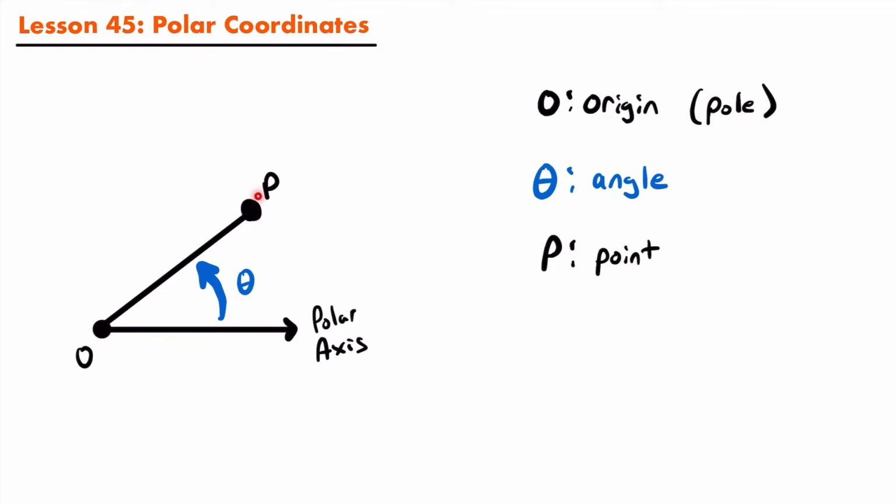And notice that this point is a particular distance from the origin, right? That point O. This distance between these 2 points is what we call the radius, or the measurement r, for a polar coordinate. And it's this measurement r, the radius, and this measurement of the angle, theta, that make up the components of a polar coordinate. Just like in the rectangular coordinate system, our coordinate points had an x-coordinate and a y-coordinate.